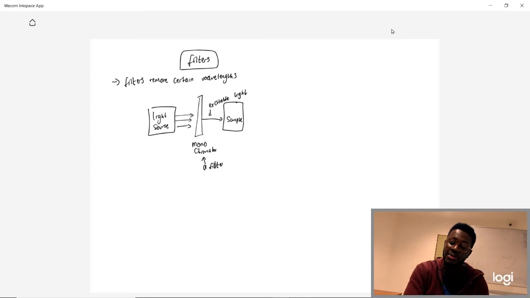It's not going to allow light that has low energy that cannot excite the sample to pass through. It's going to allow high energy light to pass through. Then it reaches the sample, and the sample gives out light, which passes through another filter, and then you get to your detector.